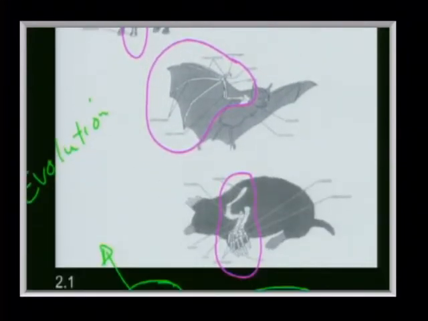So, if I go further down, look at this. Here I have the humerus, the radius, the ulna, the carpals, the metacarpals, and your phalanges, indicating that they have the same basic structure.